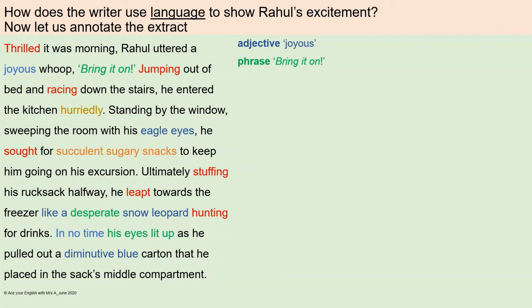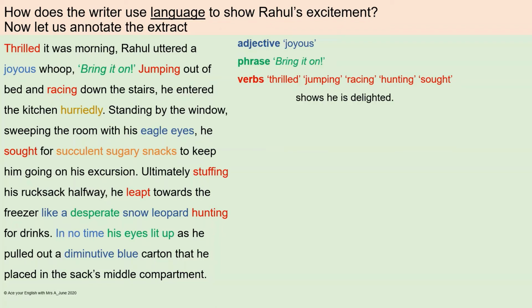What does that inform us? And then we have some more verbs. At the very beginning, thrilled. Then we have jumping, racing, hunting, sought. All to show this person is really, really active. And why? Because he's delighted, he's happy, he's excited.